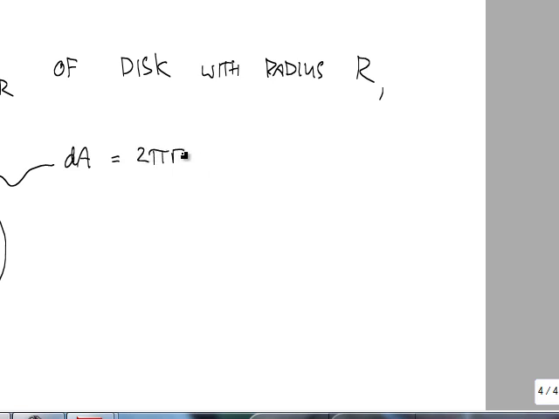That makes sense, right? And so the corresponding increment of mass is equal to the density times the thickness times this area. So 2 pi rho t r dr. And none of these things vary with r.